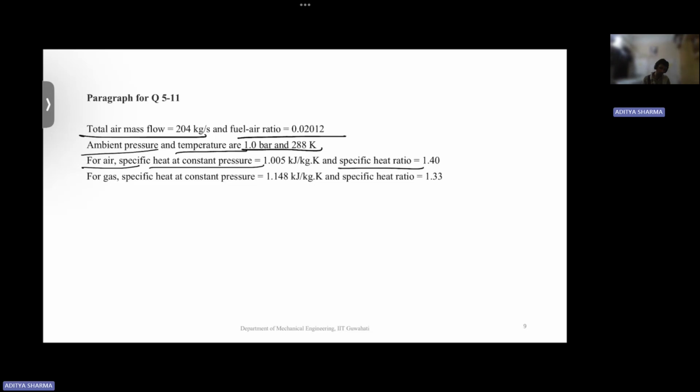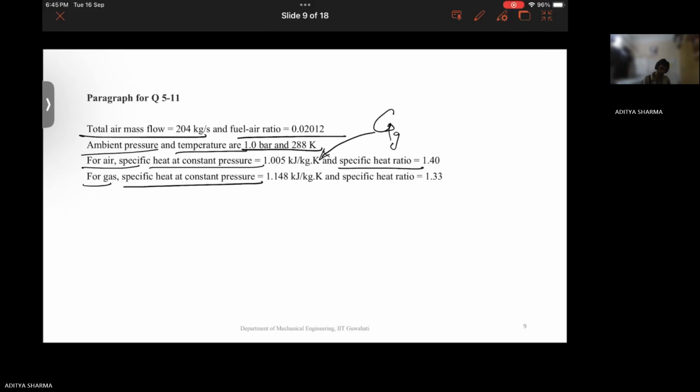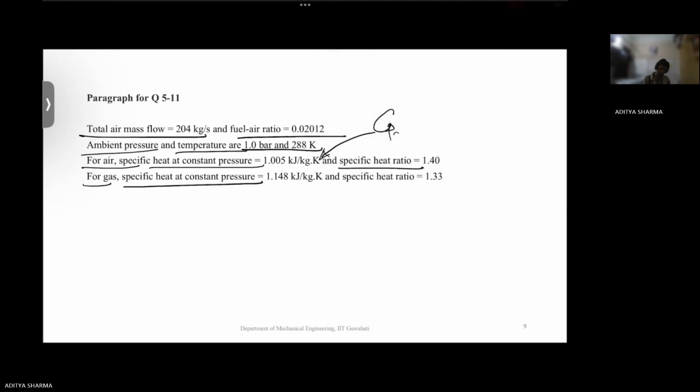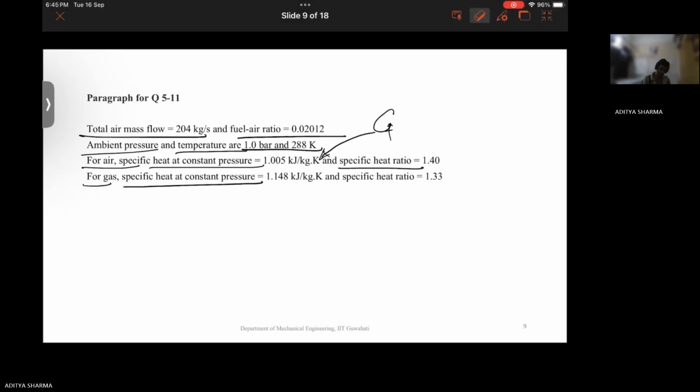Gamma is given as 1.40. For gas, this is CPG.